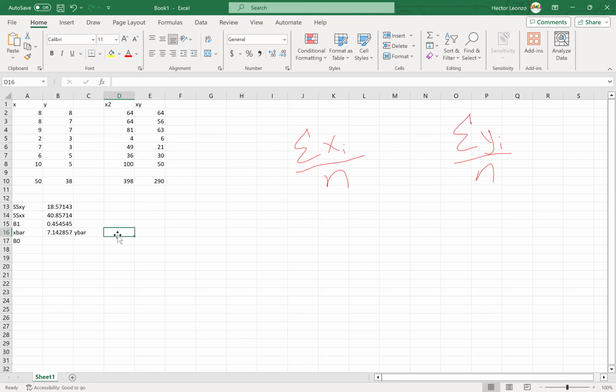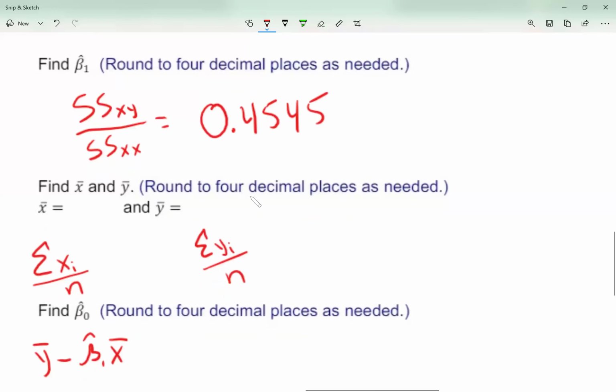For my y bar, I'm going to go equals, add all the y's, divided by 7 because there's 7 values. Press equal. Rounded to 4 decimal places, I want to call that 5.4286. Good. So let me come back to my notes here again. I have values here now.